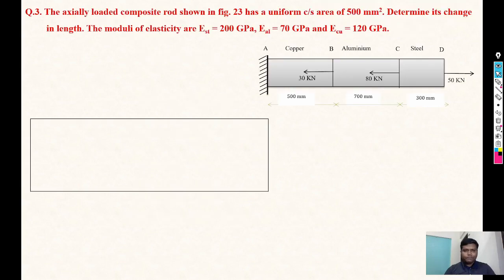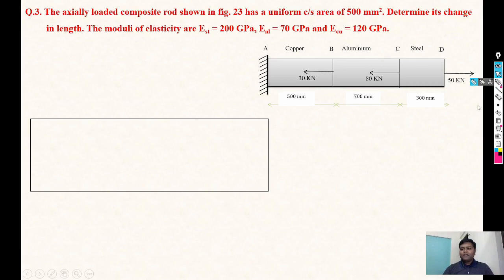Now next, third numerical. The axial loaded composite rod shown in figure 23 has a uniform cross section of 500 mm square. Determine its change in length. The moduli of elasticity are E steel 200 gigapascal, E aluminum 70 gigapascal, and E copper 120 gigapascal.